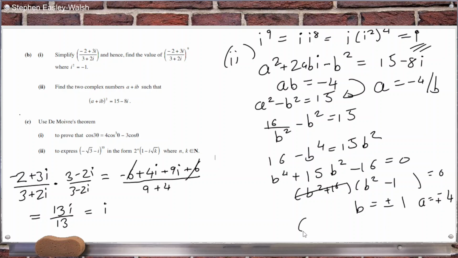So it's going to be minus 4 plus i, or the other is 4 minus i. So there are the two roots for that. Okay. And I was expecting them to be opposite in signs only, which is what's happened here.